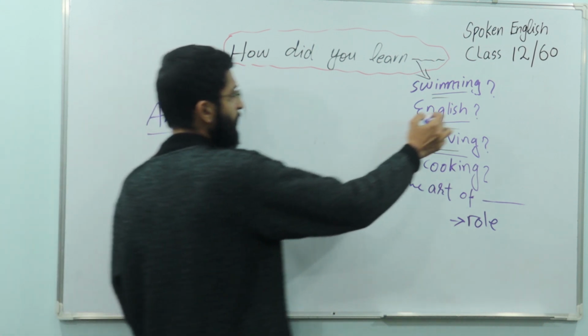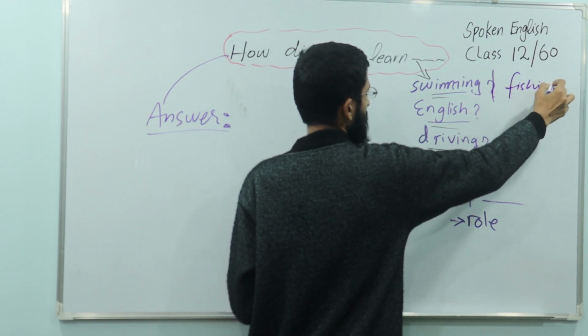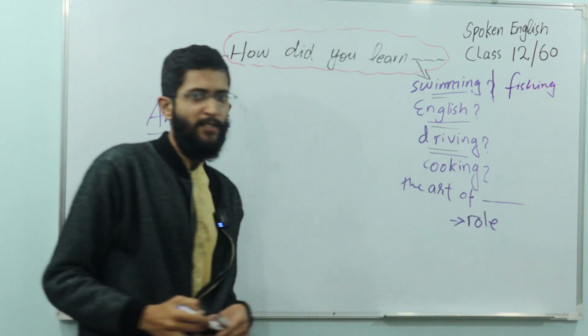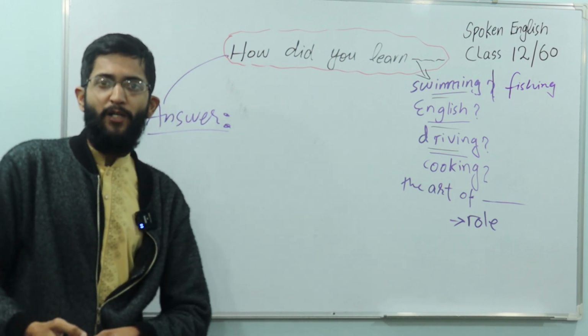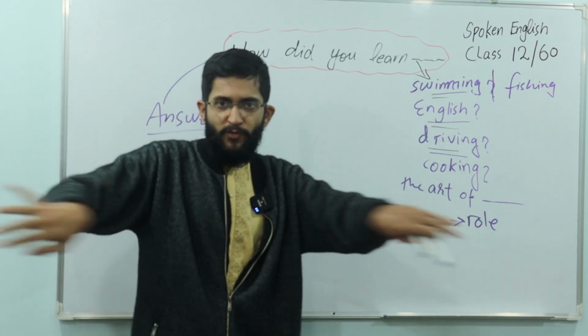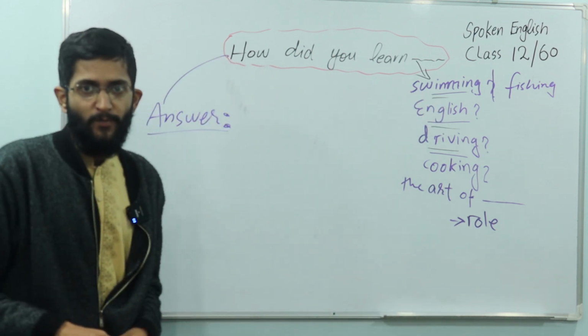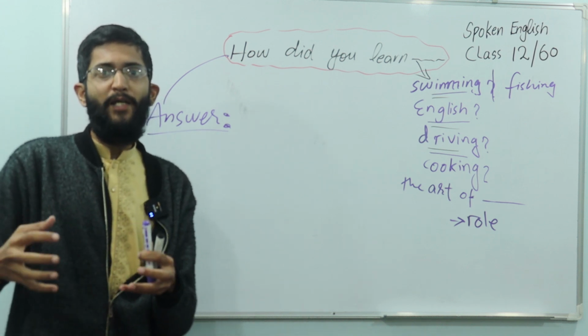For example, swimming or maybe fishing. You say, well, I learned this skill in my childhood and my grandfather taught me the moves, how to swim, how to move the body, how to maintain the balance.